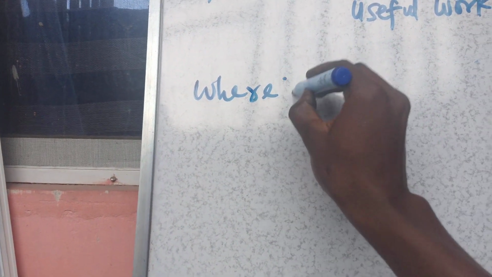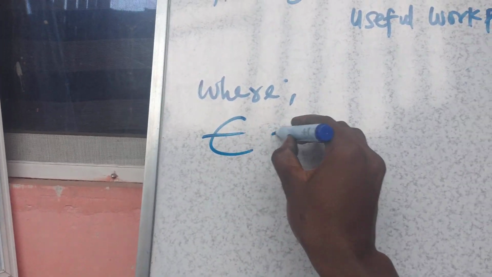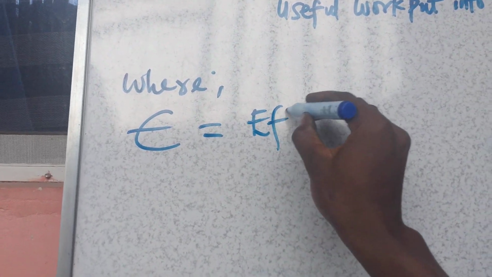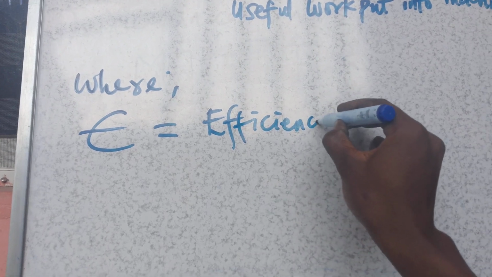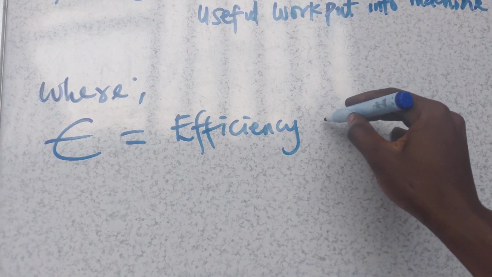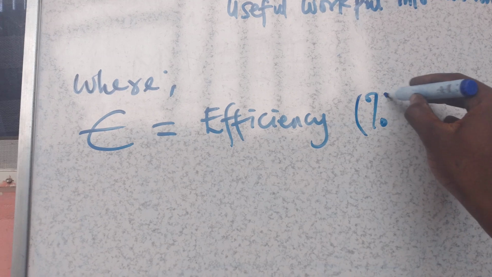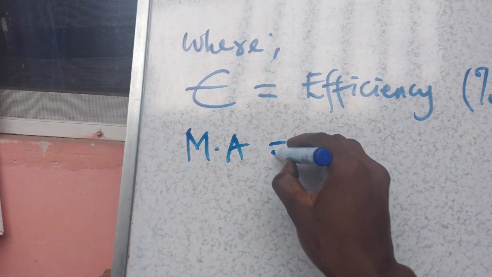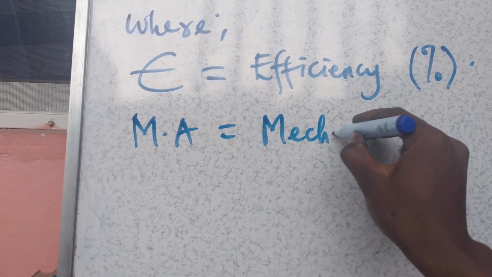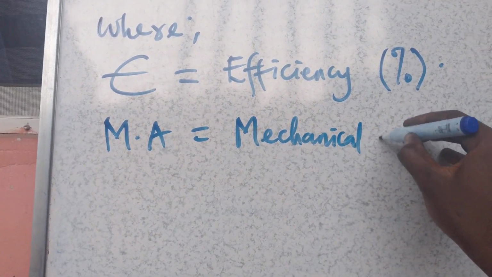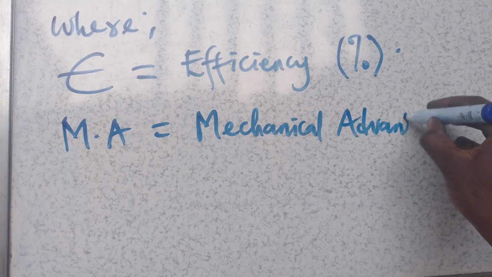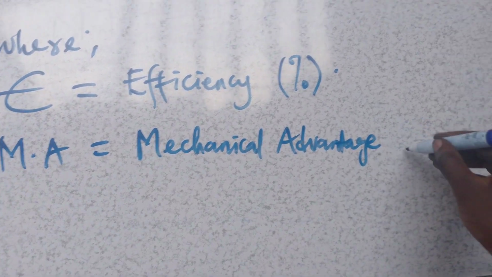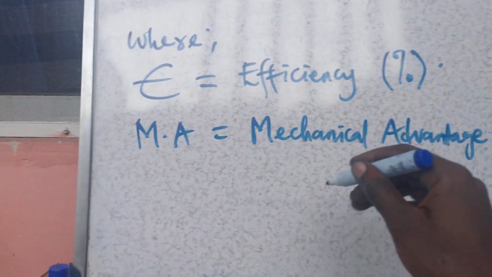Where the stylish E is equal to efficiency measured in percentage, and MA is equal to mechanical advantage, which has no SI unit.